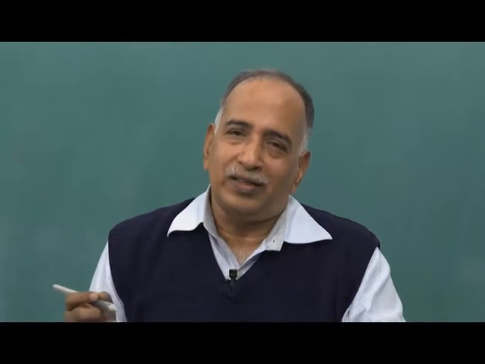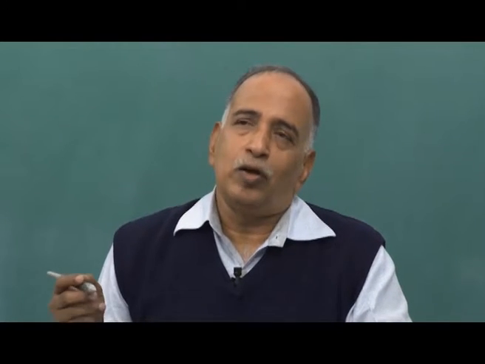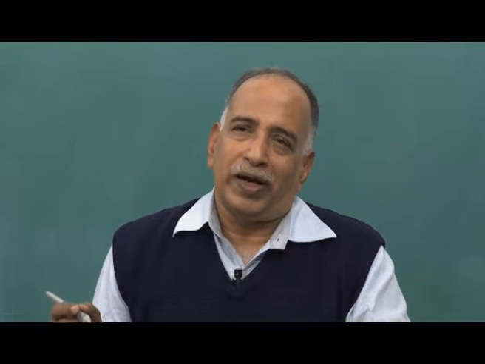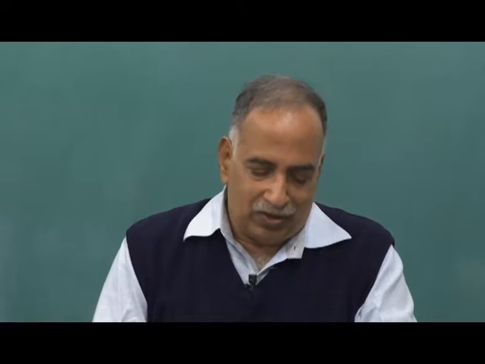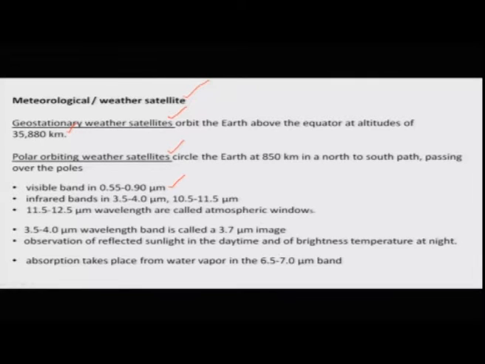Now, these satellites can record the cloud patterns in different bands. One is a visible band, 0.55 to 0.9 micrometer. Then there are infrared bands, one at 3.5, another at 4 micrometer, and a third one at 10.5 to 12.5.